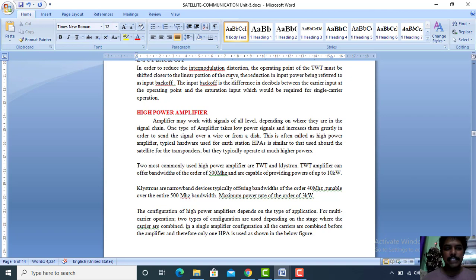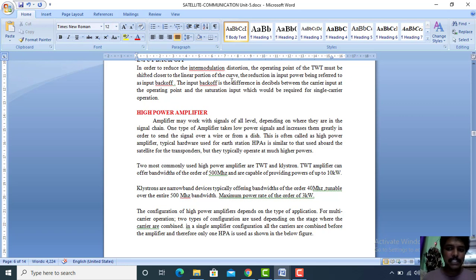It shifts the operating point on the curve, where the input power is referred to as the input back-off. The input power is the electromagnetic signal we have, measured in terms of power.